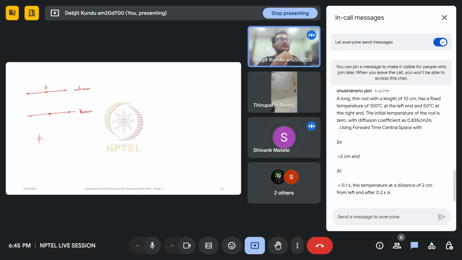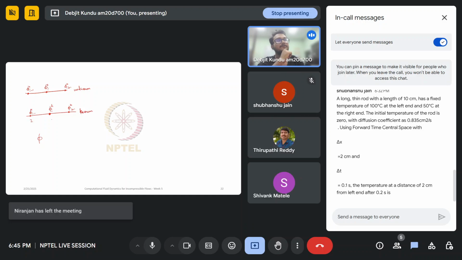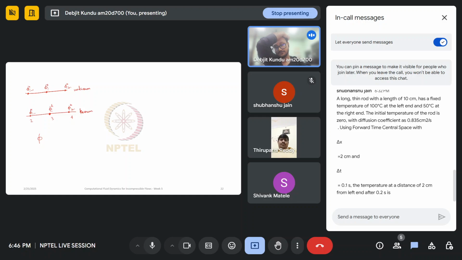I'll call this phi u, u meaning unknown, and phi plus 1 u, phi minus 1 u, and known ones I'm calling k. So phi k, phi plus 1 k, phi minus 1 k. These are all known values, like 2, 3, 4, numbers that we already know. And unknown values are unknown variables. We do not know what their values are.